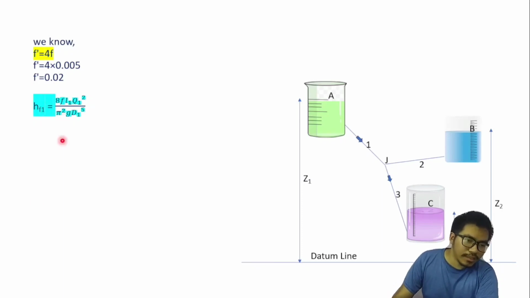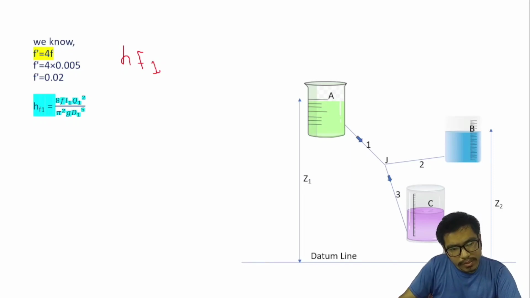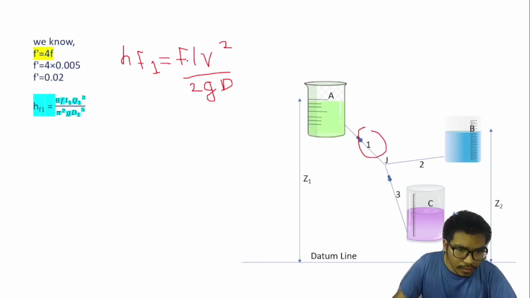We know the formula of head loss. Let me write the formula. hf1 means frictional head loss at pipe 1, and this is given by the Darcy-Weisbach formula as f L V square upon 2 g D. The value of f is the friction factor 0.02, length 1 is given, and diameter of pipe 1, d1, is also given, but we don't know the value of this velocity.